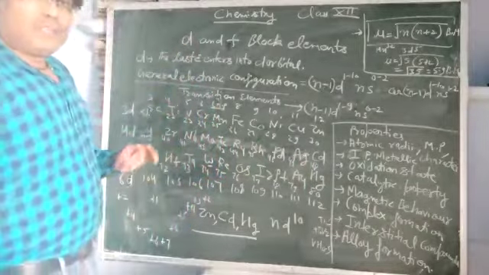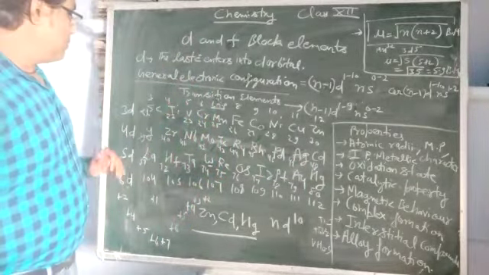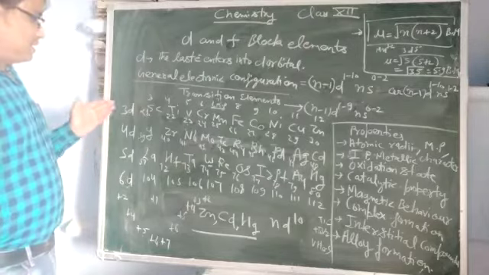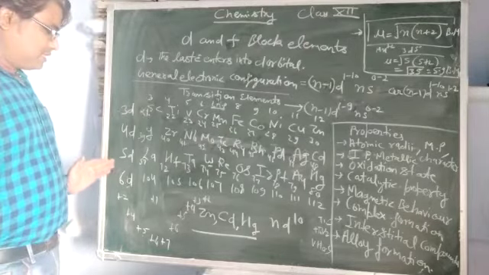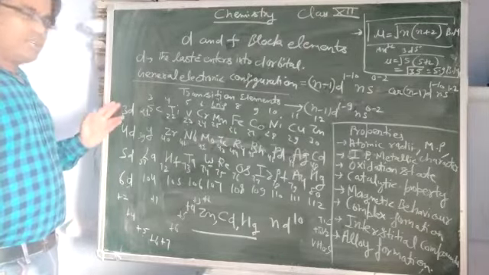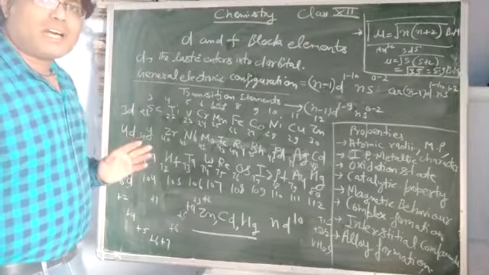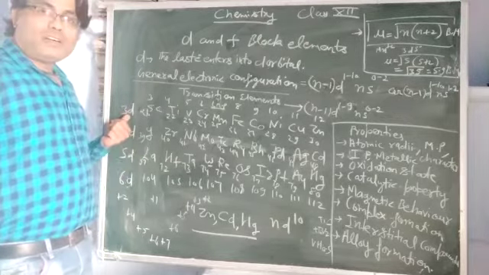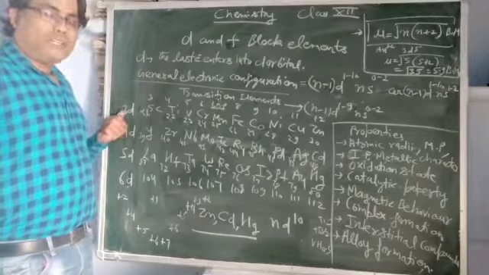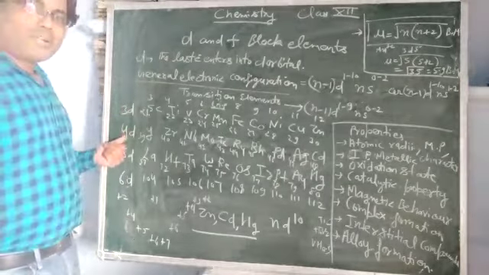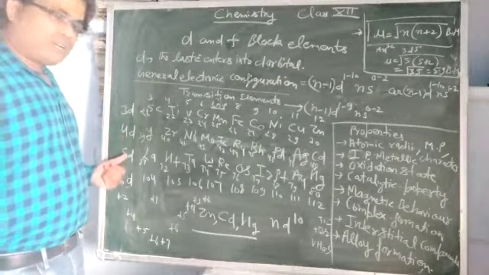Now we can divide all the d block elements into 4 series. These are the 3d series, 4d series, 5d series, and 6d series. In the 3d series, the last electron enters into the 3d subshell or orbital. In the 4d series, the electron enters into the 4d subshell. In 5d, the electron enters into the 5d subshell.